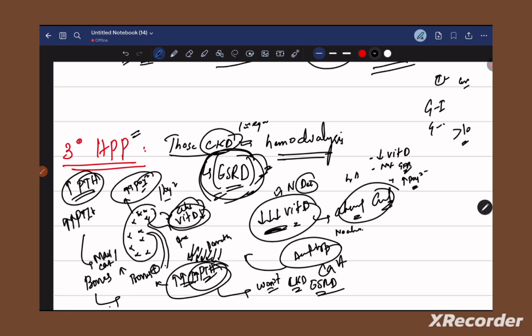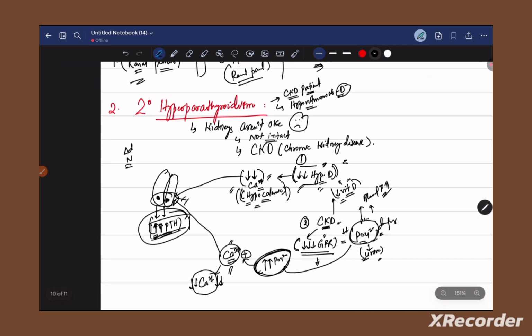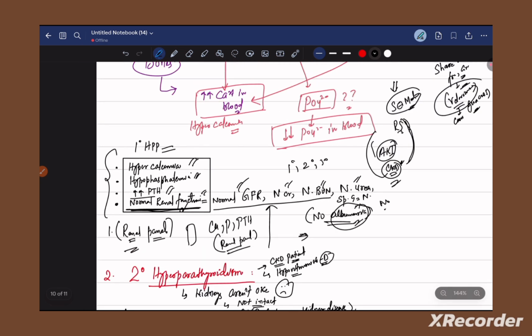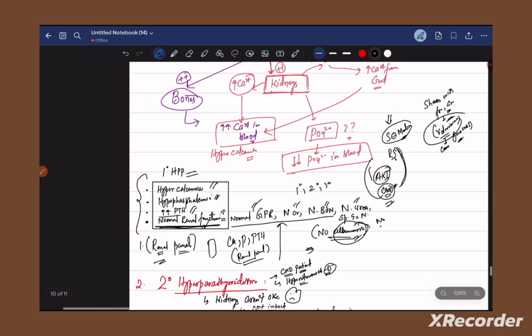Okay, and there will be increased calcium also. Why? Because this PTH is only working on the bones, and bones are reabsorbing a lot of calcium into the blood. Okay, so let us recall a bit what we found in the primary, so that you will recall the things again.